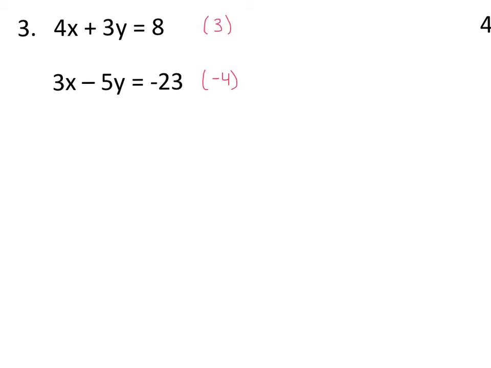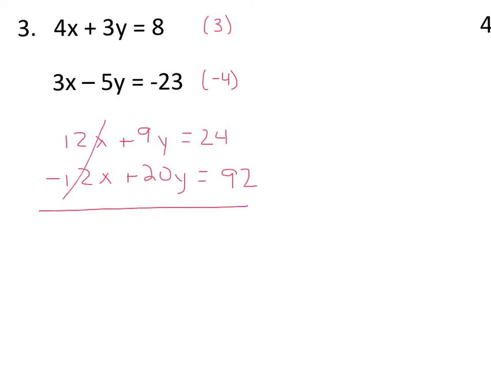That would give me, if I rewrite that, 12x plus 9y equals 24. And then on the bottom, I'll have -12x plus 20y equals +92.